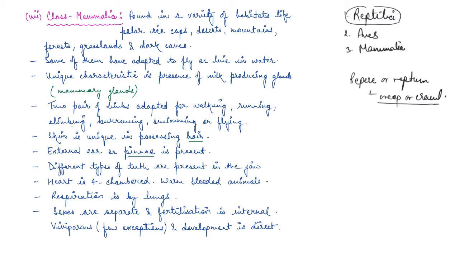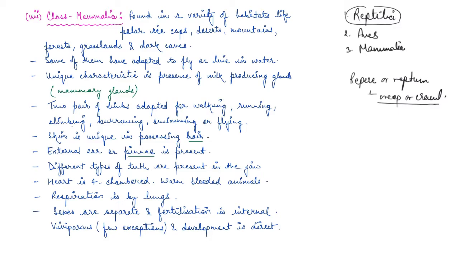Okay, so they have two pairs of limbs, and these limbs are adapted for walking, running, climbing, swimming, or flying. Okay, so basically, here again, limbs are quite modified as per the requirement for the animals which belong to class Mammalia. Okay, now the skin is unique, and why is it unique?